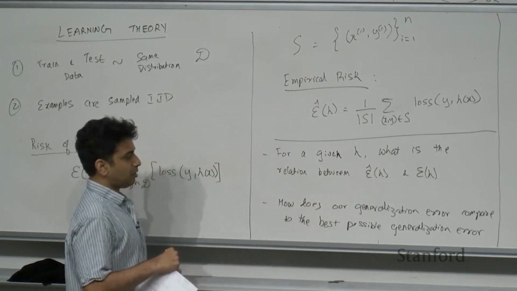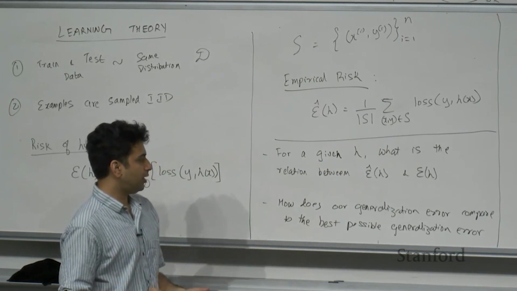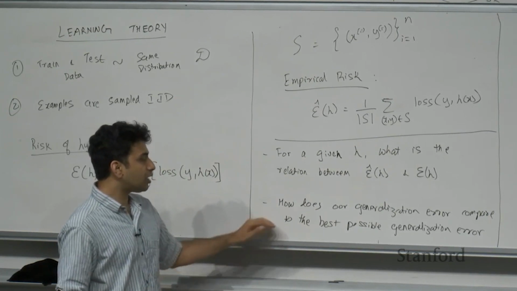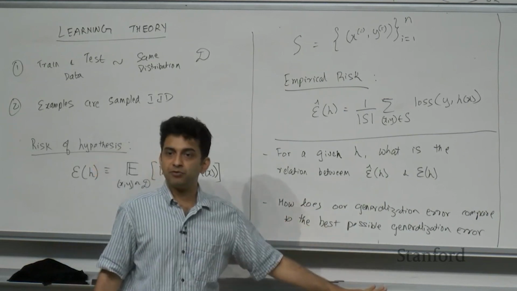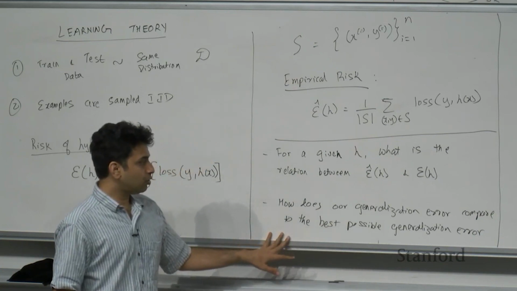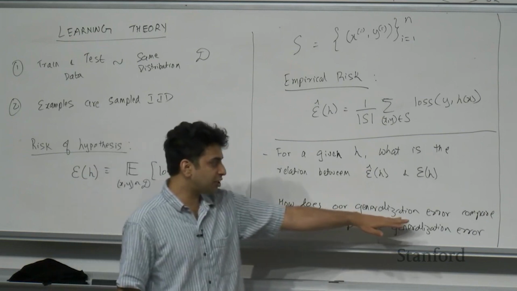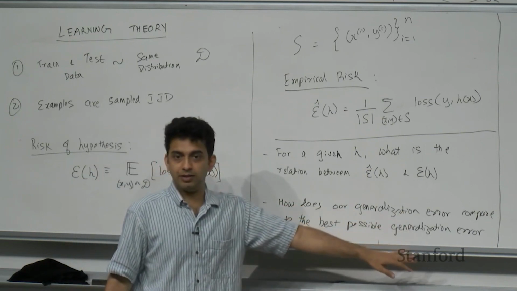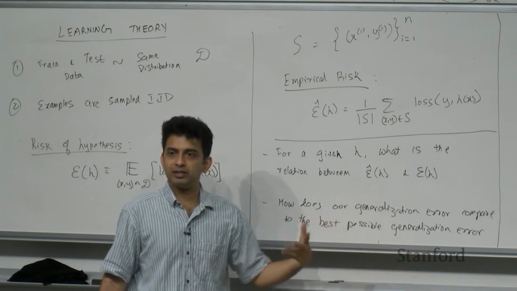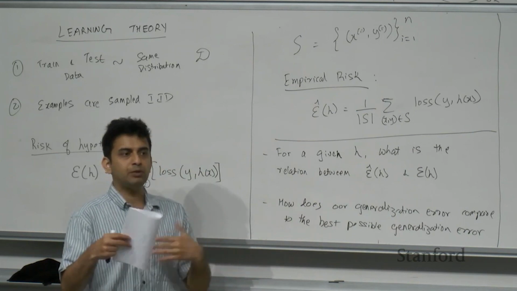Similarly, what's important at the end of the day is how well our generalization performance compares to the best possible generalization performance that you can get. And here we are comparing two things, both of which we cannot measure. We have no idea how well our generalization error is, and we have no idea what the best possible generalization error is either. But we still want to make some kind of probabilistic statements or give bounds on the gap between the two.